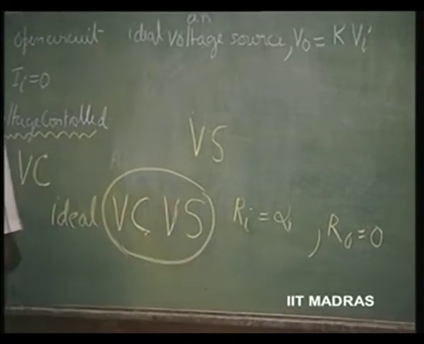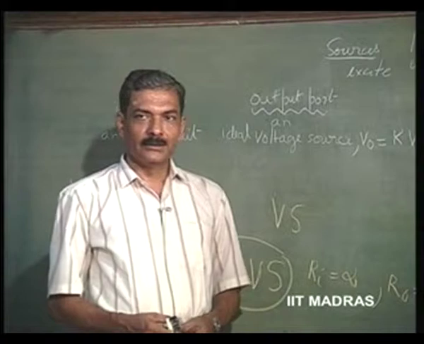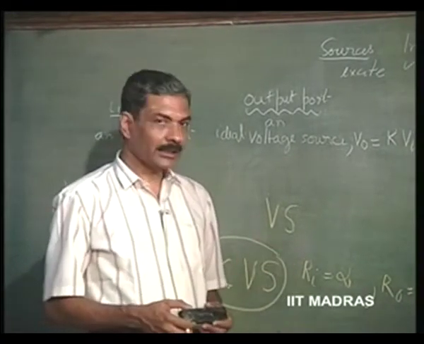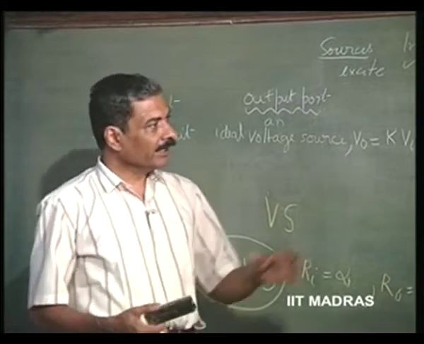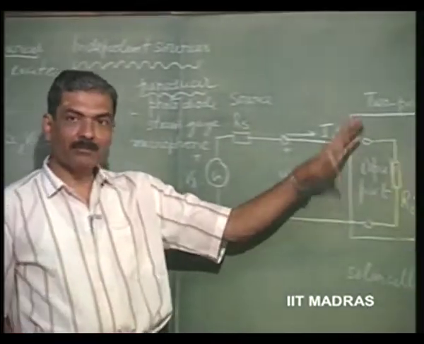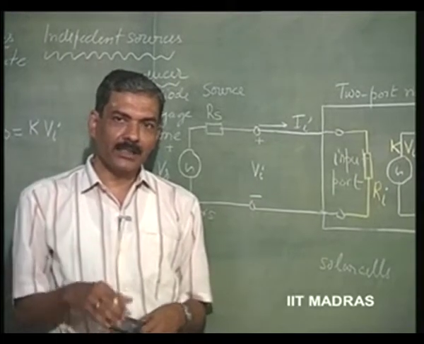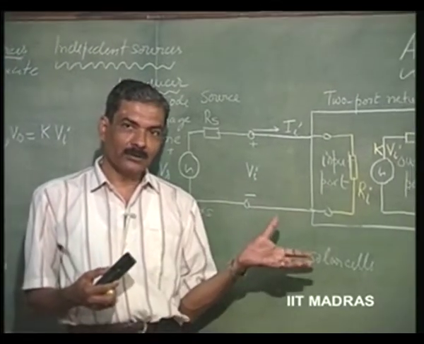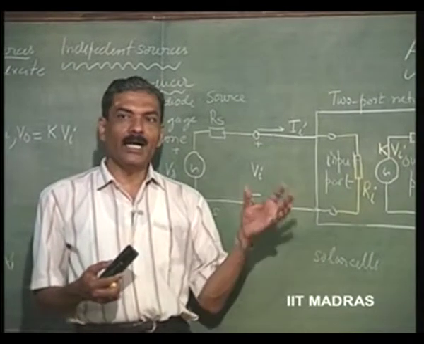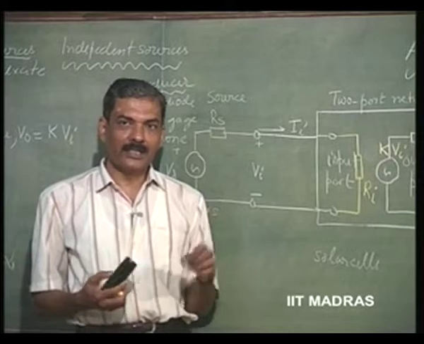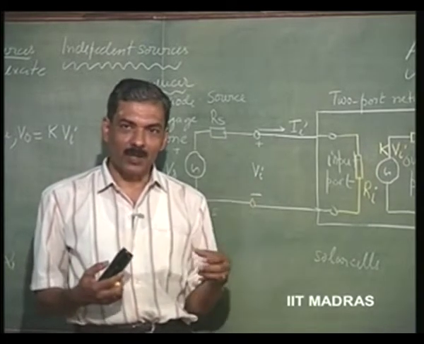This is one of the most important amplifiers that is possible ideally, where input port becomes voltage controlled. Now, this is something that we have to understand. It becomes voltage controlled when I I is 0, going towards 0, that the input current is extremely small.